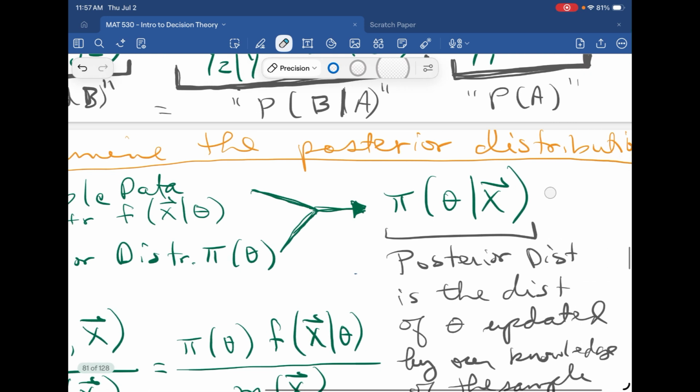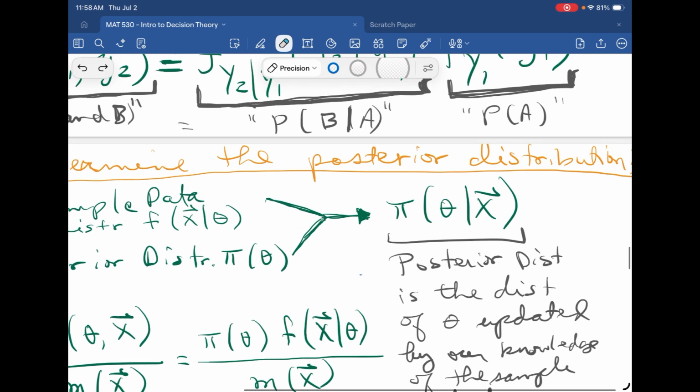And that's called the posterior. So we want to find out what's the distribution of theta given x. Right back here we have the distribution of x given theta. And what we want is the distribution of theta given x, which again is called the posterior distribution of theta, and it is updated by our knowledge of the sample data.